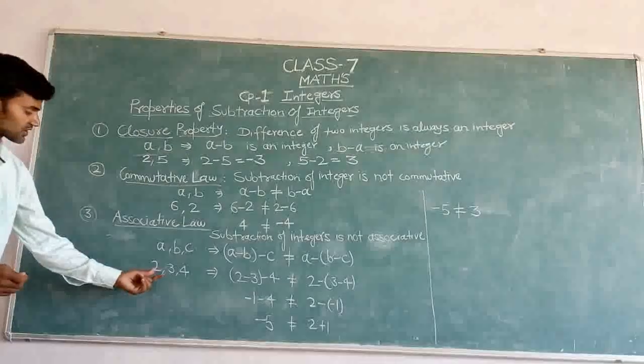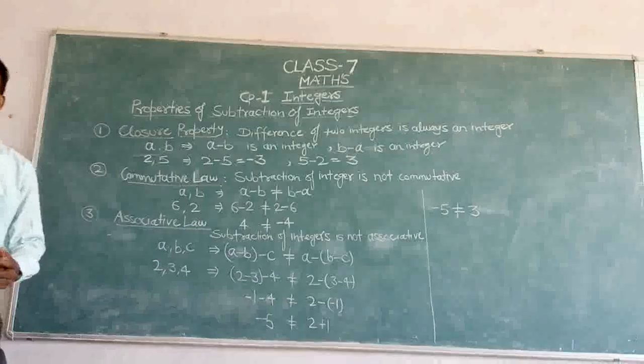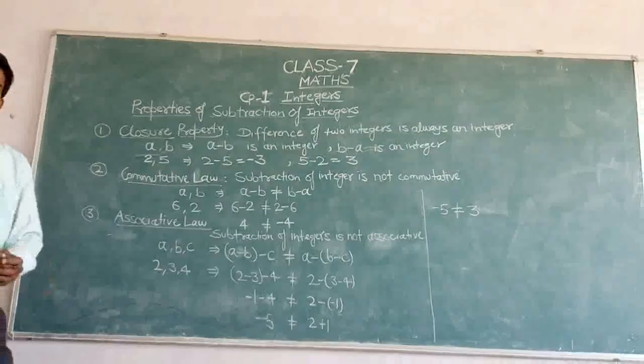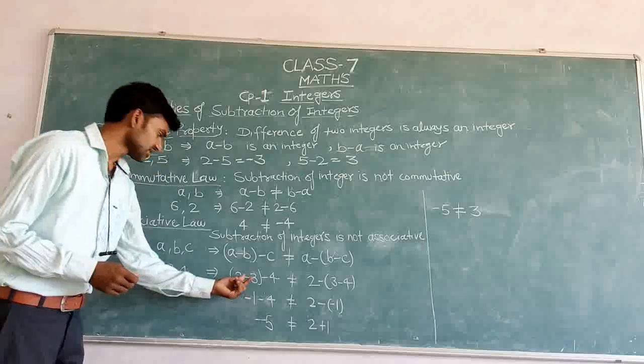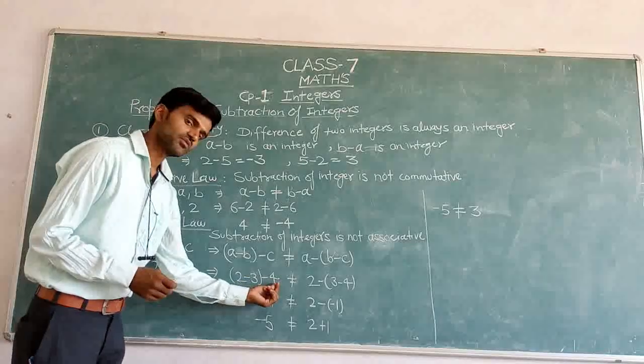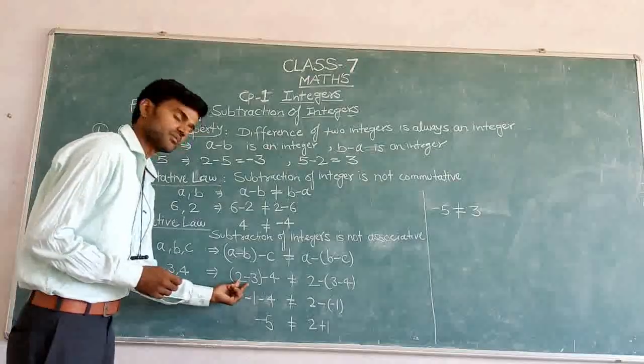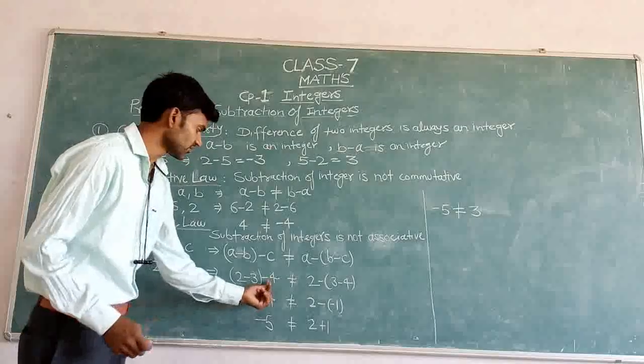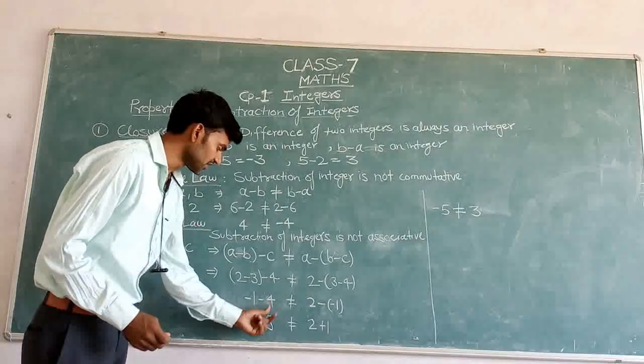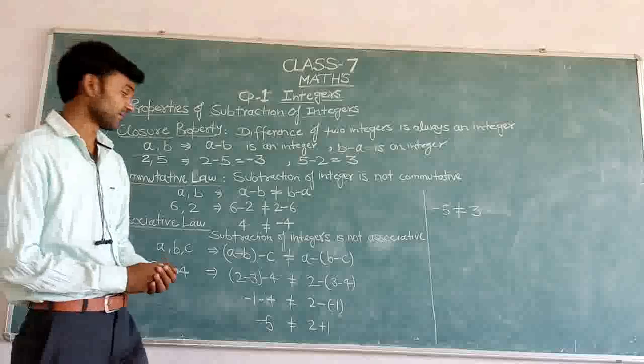Look at an example: 2, 3, 4. There are three integers. When we subtract 3 from 2, then 4: 2 minus 3 is minus 1, minus 1 minus 4 is minus 5.